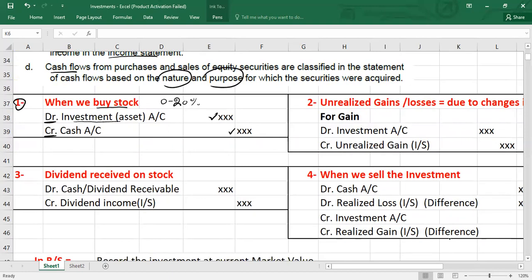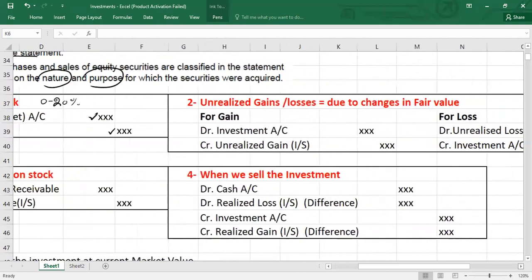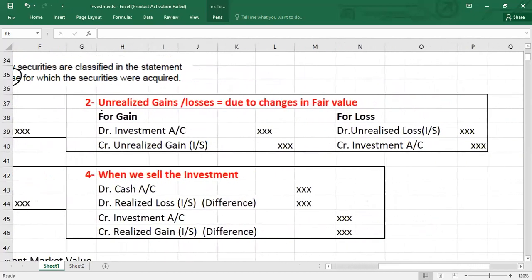Then at the reporting date, you could have gains or losses. So the second entry is for unrealized gains or losses due to changes in fair value. Maybe you purchased for $10 and now the stock price is $15, so you have a gain.